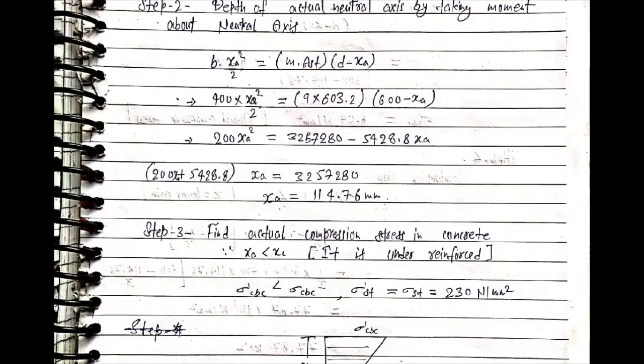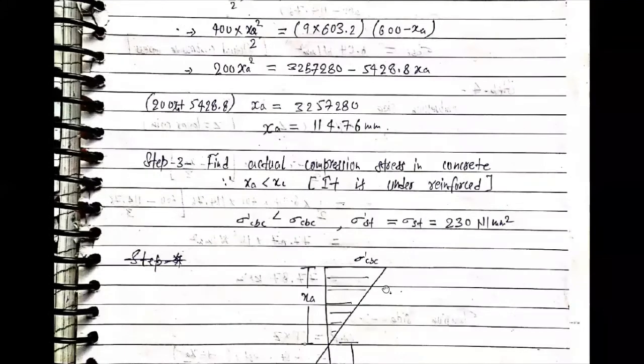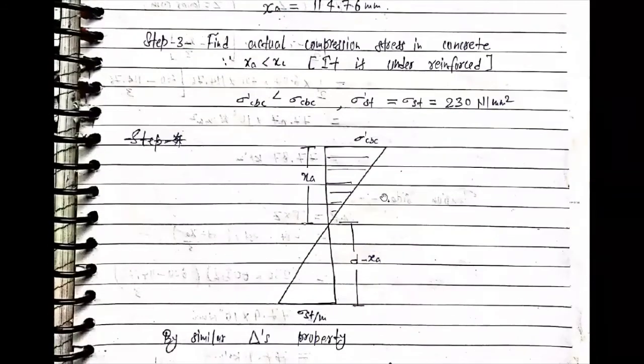So as per the given conditions, it is under reinforced, which gives sigma dash CBC less than sigma CBC, and sigma dash ST equal to sigma ST, which is 230 Newton per mm square. And this is our stress profile. This is the standard stress profile that we have been learning since always.